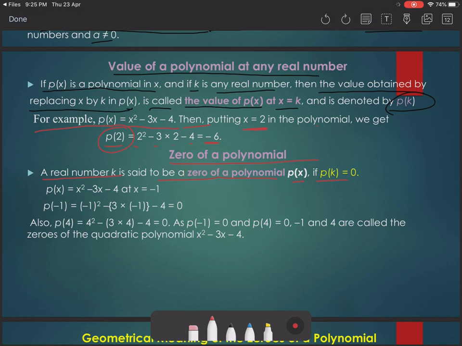For example, if we take the polynomial p(x) equal to x square minus 3x minus 4 and find the value of this polynomial at x equal to minus 1, what do we get? p(minus 1) is equal to 0. Similarly, p(4) for this polynomial we get 0. As p(minus 1) is equal to 0 and p(4) is equal to 0, therefore minus 1 and 4 are called zeros of this quadratic polynomial.